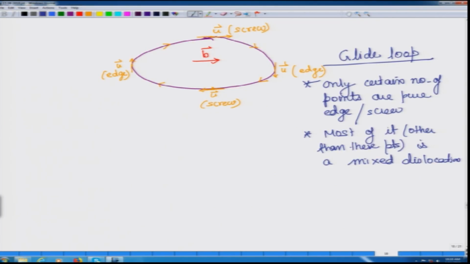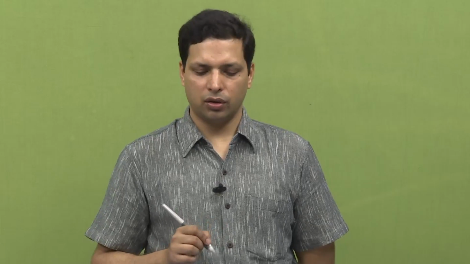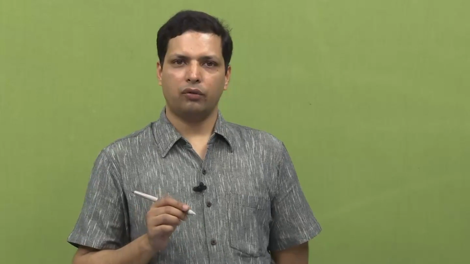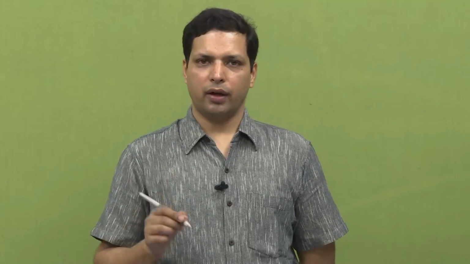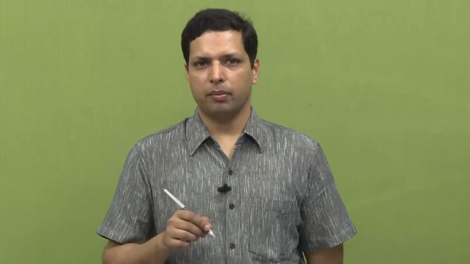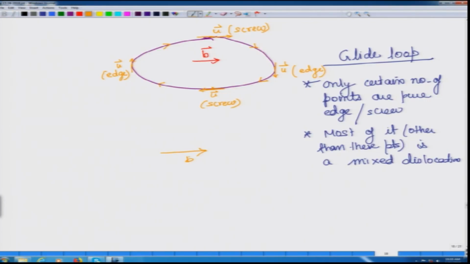Can you imagine a loop where you have only edge and screw dislocations? Think about it. You have to have the u vector either parallel or perpendicular. So, let us say I have already given you that the b vector is like this. Now, you have to imagine a dislocation loop which has only lines which can either be parallel to b or perpendicular to b.